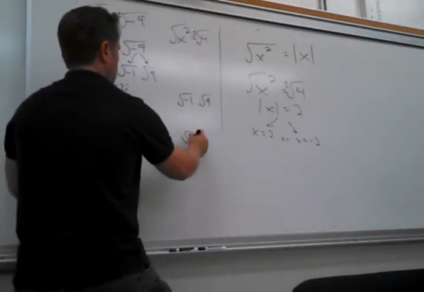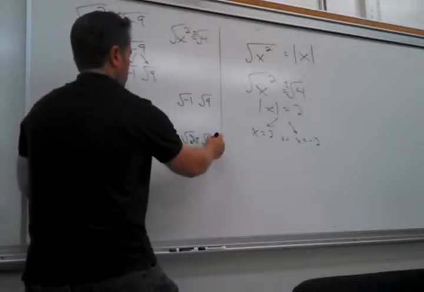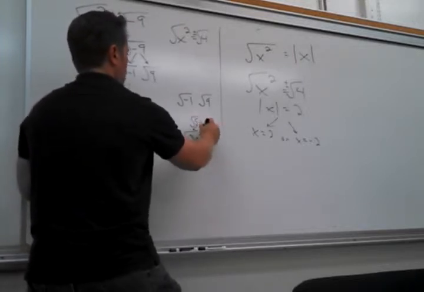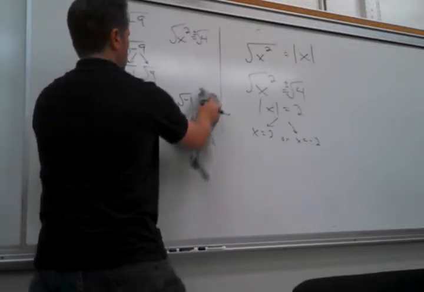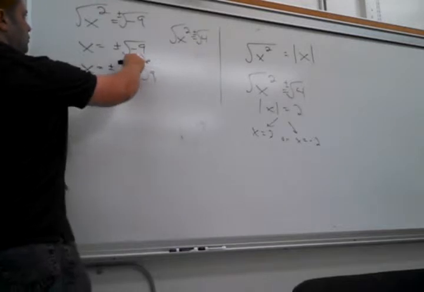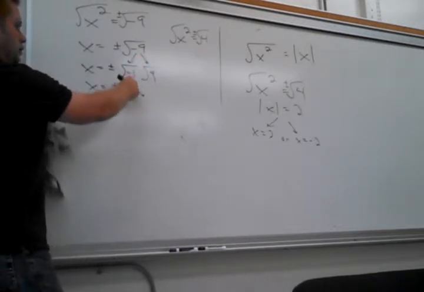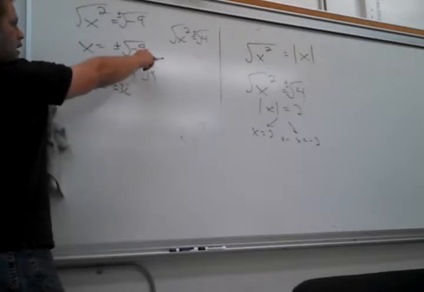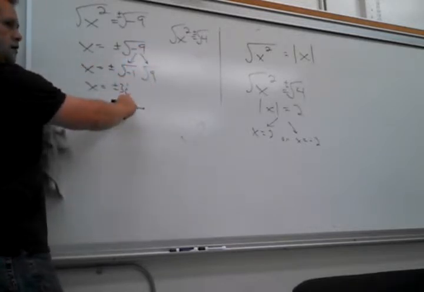Sort of like I know what the square root of 25 is, but I don't know what the square root of 2 is, so if I had the square root of 50, I would break it up like that, into parts that I can do. So all I'm doing here is breaking up the square root of -9 into parts I can do. I can do the square root of -1, that's a part of it. I can do the square root of 9, that's a part of it. Square root of -1 is i. Square root of 9 is 3.